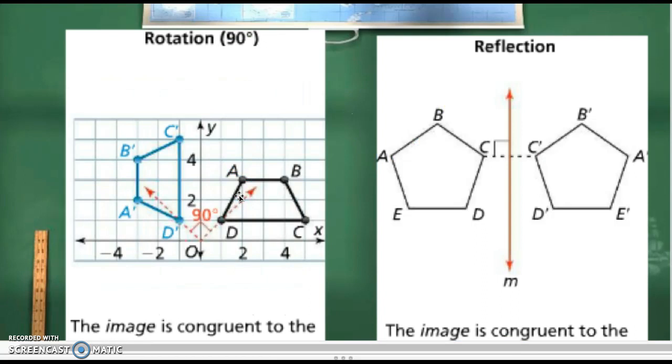Two other rigid transformations are a rotation, where we rotate this shape around this point, this D prime, and then we get this shape here. Well, both of these shapes are congruent. They're just being rotated 90 degrees.